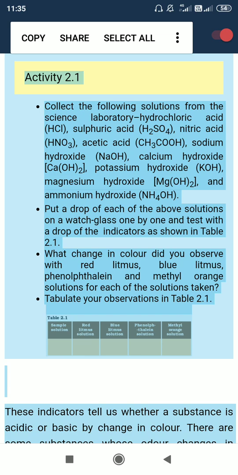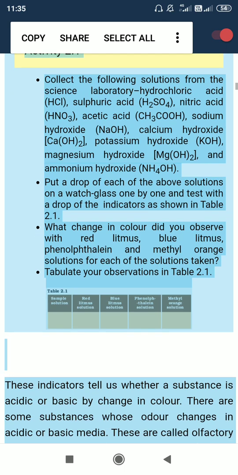Sodium hydroxide is a base. Up to acetic acid, you can notice that all these four compounds have H in their structure, so it can be released in the aqueous solution or in the molten state. Some release H plus ion in aqueous solution and some in molten state. So these are the acids.